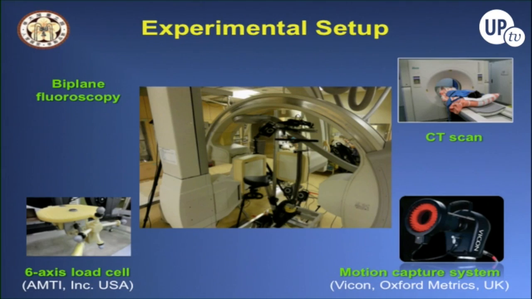So the experimental setup is that we have a biplane fluoroscopy with a cycle ergometer, very purposely built for this purpose. The patient receives a CT scan of the joint, and we have two Vicon systems connected, one as master and the other as slave, so that we can have 20 cameras, all surrounding the patient. And the pedal is instrumented with a 6-axis load cell so that we can measure the pedal reaction forces.